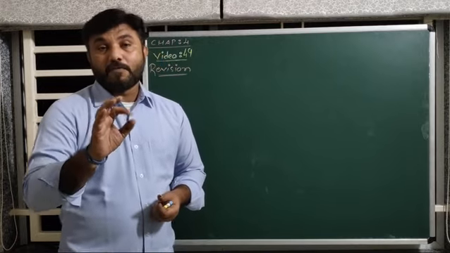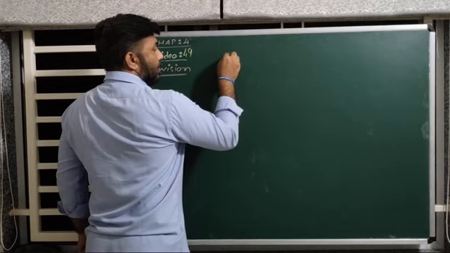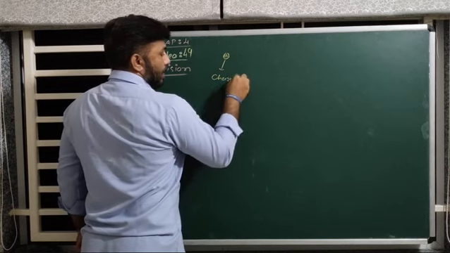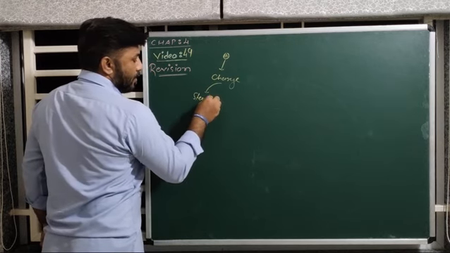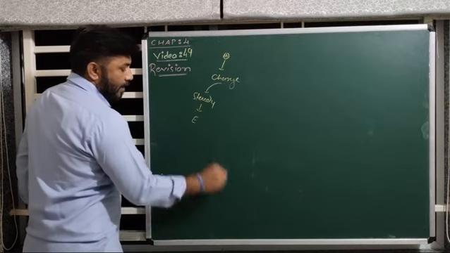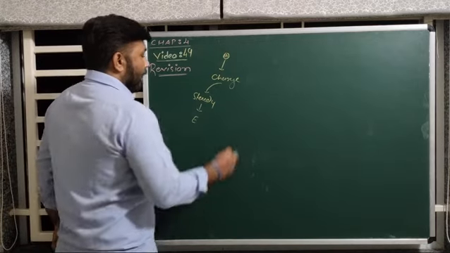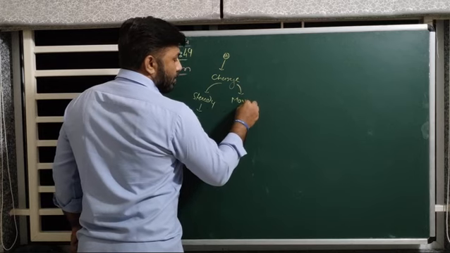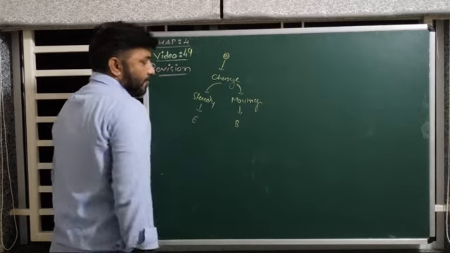Suppose this is a charge, and this charge is steady, then it produces electric field E. That means a steady charge produces electric field, and if the same charge is moving, then it produces magnetic field.